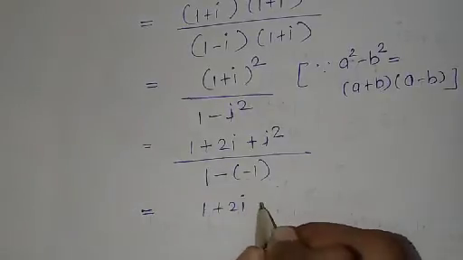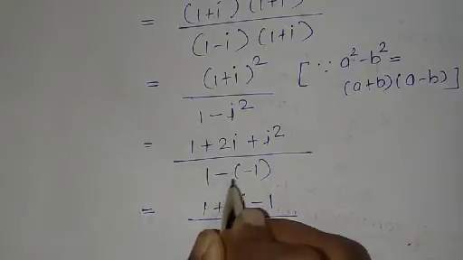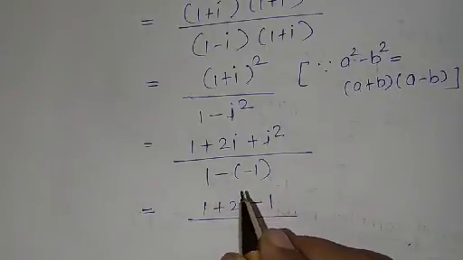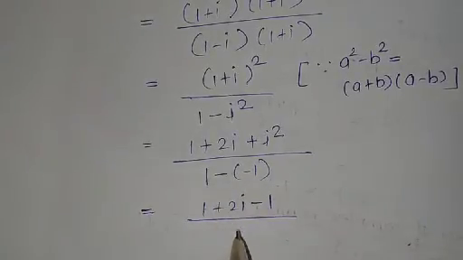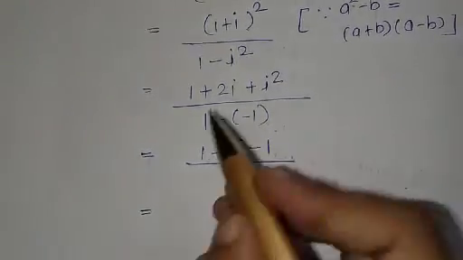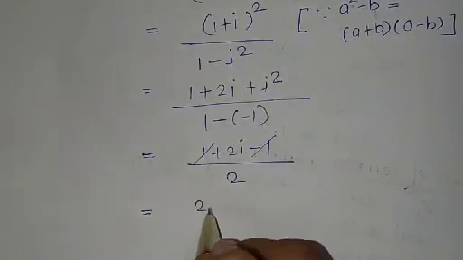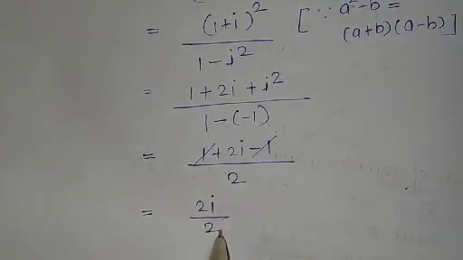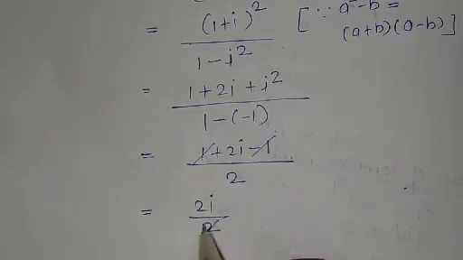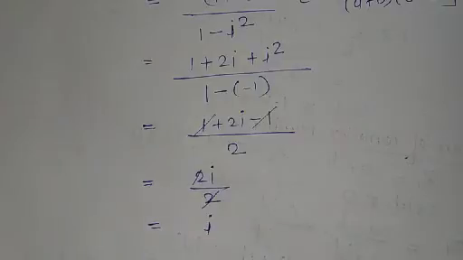So 1 plus 2i plus iota square, where iota square is equal to minus 1, upon 1 plus 1, which is equal to 2. So here this plus 1 and minus 1 get cancelled. What is remaining? 2i upon 2, and this 2 gets cancelled. We get only iota.